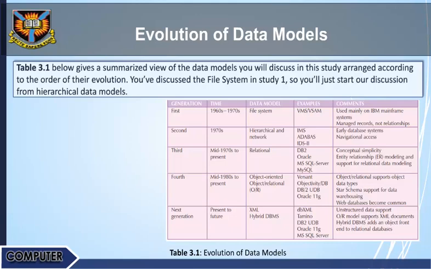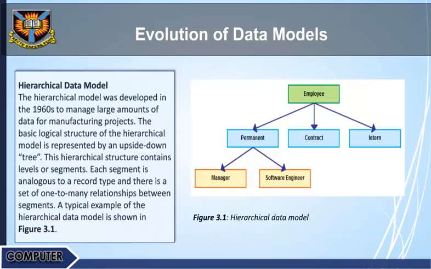You've discussed the file system in study 1, so you just start our discussion from hierarchical data models. Hierarchical data model. The hierarchical model was developed in the 1960s to manage large amounts of data for manufacturing projects. The basic logical structure of the hierarchical model is represented by an upside-down tree. This hierarchical structure contains levels or segments.